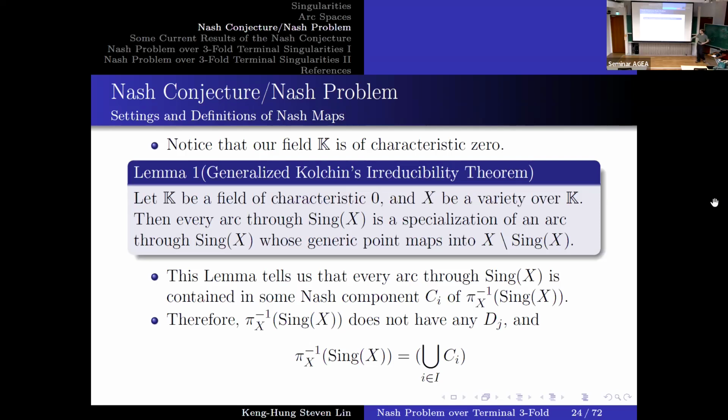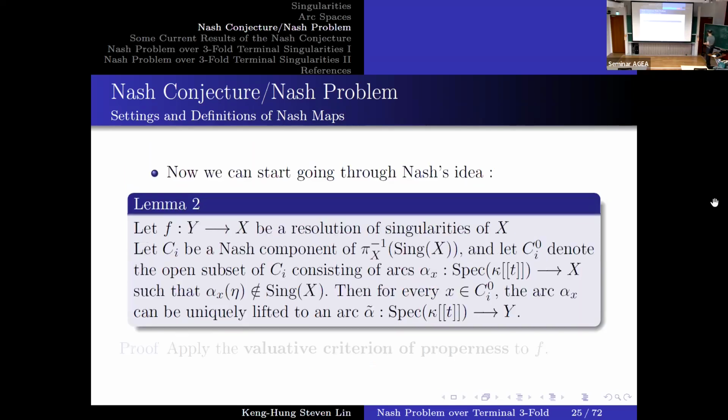There are only Ci appearing in our Nash set. Okay, and this Ci in this scenario we call the Nash component of X. So right now in this case we don't need to care about Dj. We just need to care about C1 to Cn.